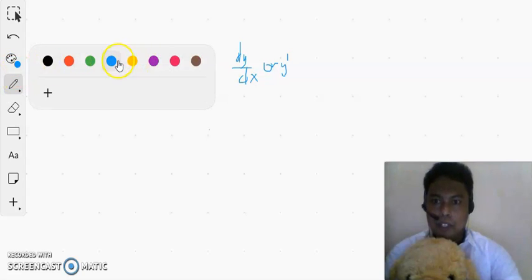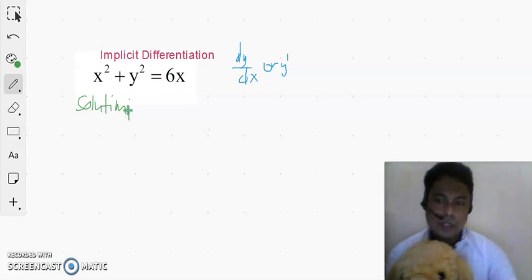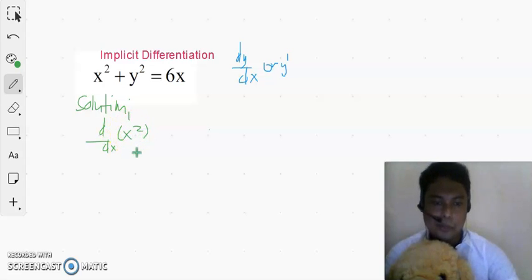And then we have here the solution. For this problem, we're going to differentiate all with respect to x.